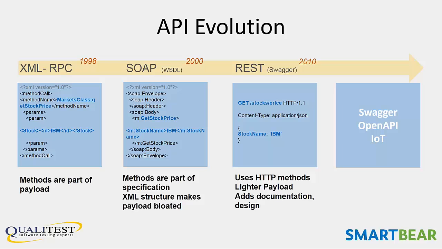As this problem grew, people thought that we should solve this, and the concept of SOAP came into being. SOAP was very much driven by a specification called WSDL, the Web Services Description Language. Engineers would write the code, and then generate this definition out of the code.